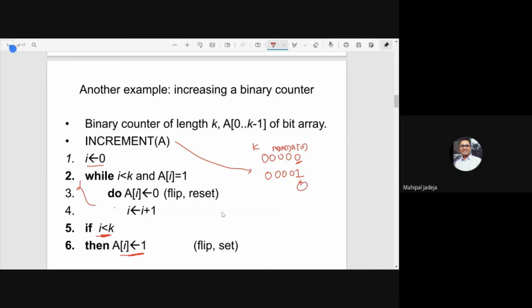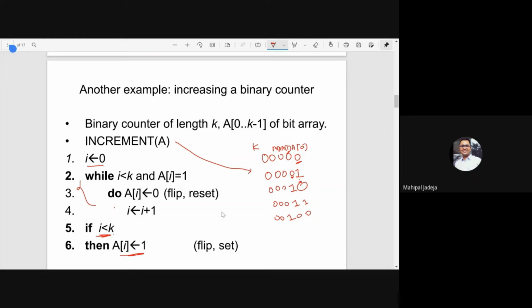So now i will become 1. Now I'm focusing on this bit, and this bit is nothing but 0. 1 is less than k, so I will set it. So this will become 1, 0, and the rest of the bits will remain as they are, and it will continue like this, 0, 0, 0, 1, 1, and so on, right? And in the next iteration it will be 0, 0, 1, 0, 0, and so on.